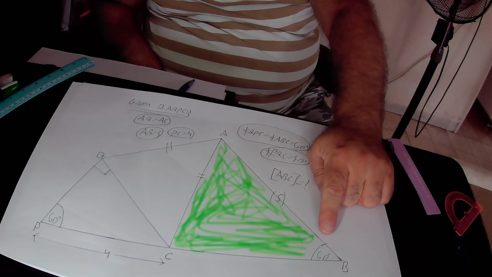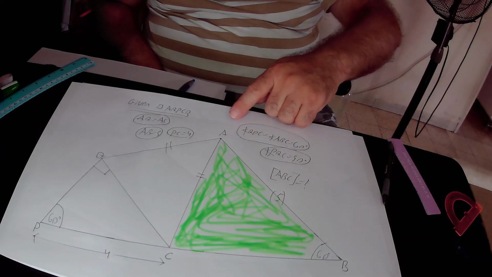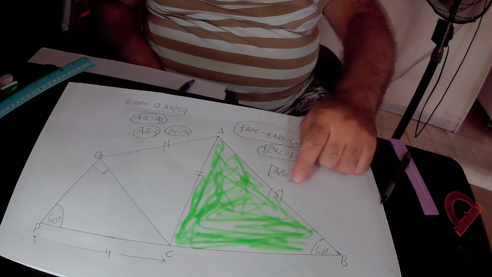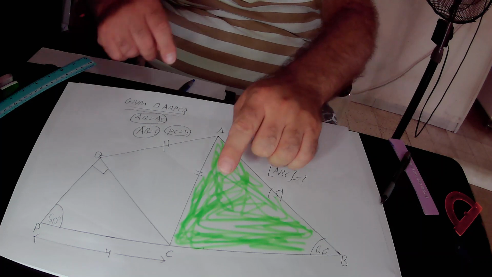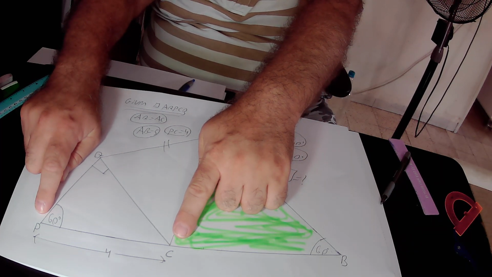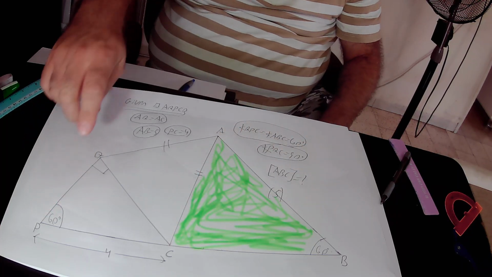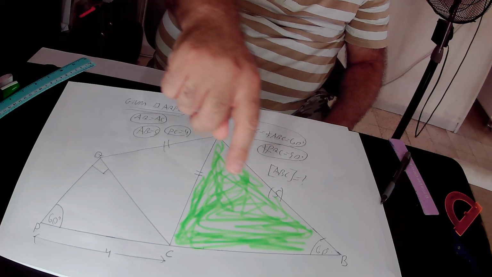Angle ABC also equals 60 degrees in its size. Side AB equals 5 units in its length. Line segment PC equals 4 units in its length. Again, our task was to find out the area of this green triangle, triangle ABC.